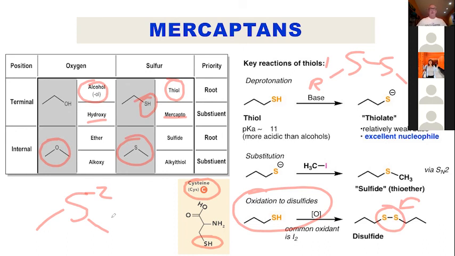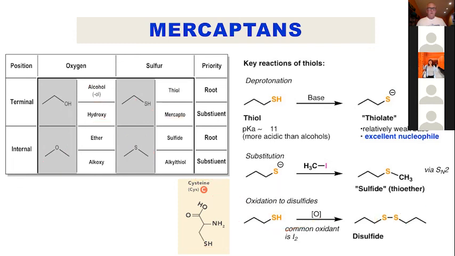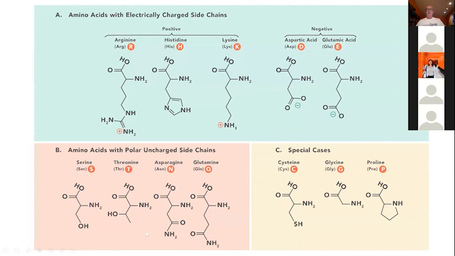So what I wanted to point out was that if you look at some of the amino acids, all the functional groups I've been talking about are present in amino acids, because they're the ones that are going to be doing all the biological reactions inside of enzymes and proteins in your body.